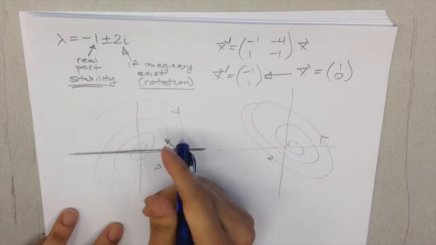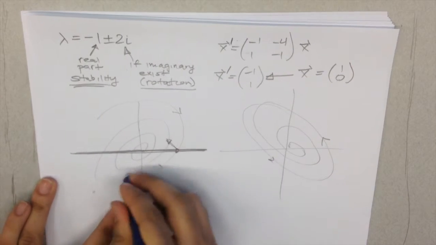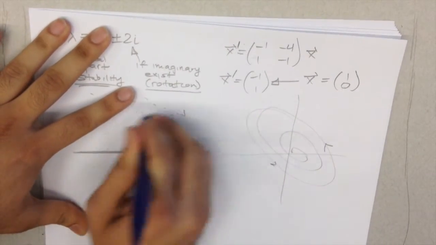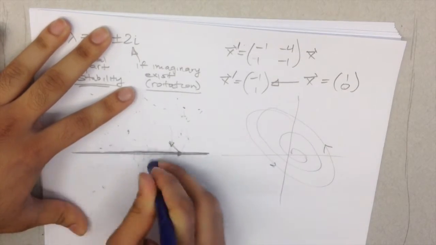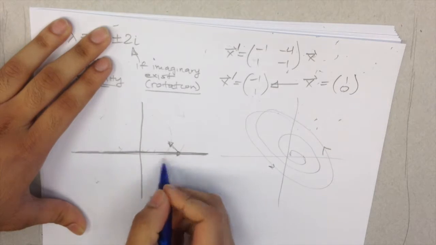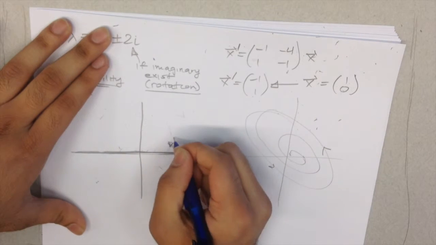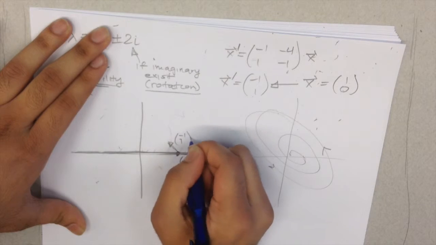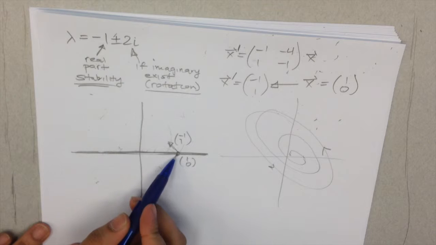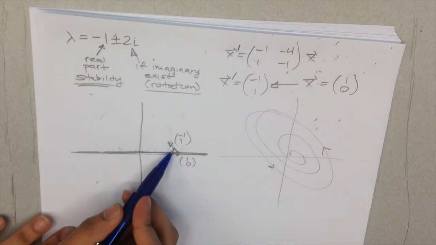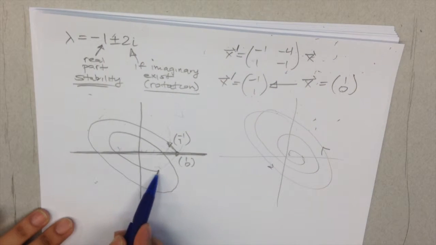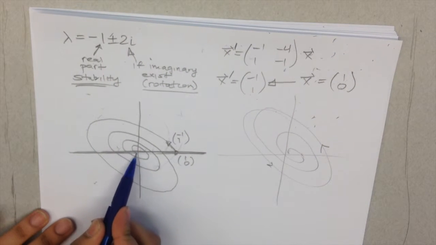So this actually tells you that our solution is, so this is our (1, 0) location. This vector is (negative 1, 1). We also know that this is a stable spiral. So the derivative points in this direction, and since it's a stable spiral, we know that our answer looks something like this.